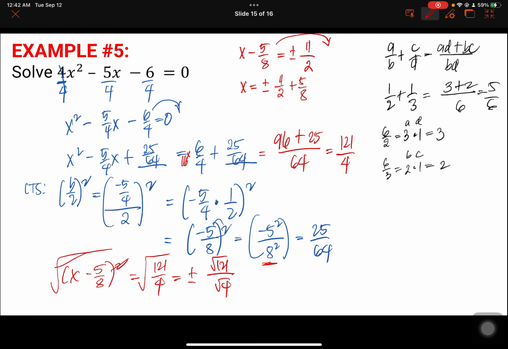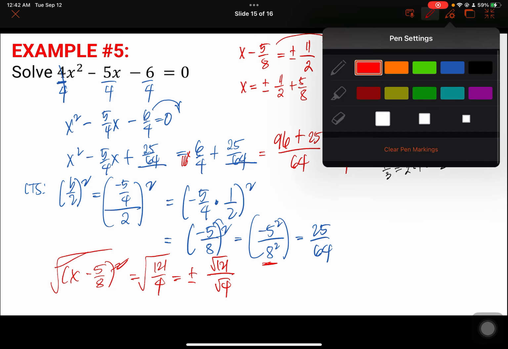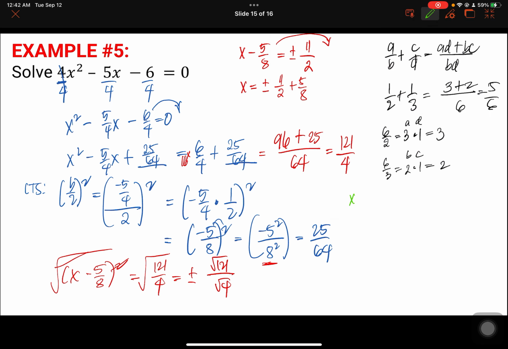So, again, we will have two values of x. So, dito na lang natin solve. So, x1 is equal to 11 over 2 plus 5 over 8. So, LCD tayo ulit. Magiging 16. 16 divided by 2 is 8. So, 88 plus 16 divided by 8 is 2, 2 times 5 is 10.